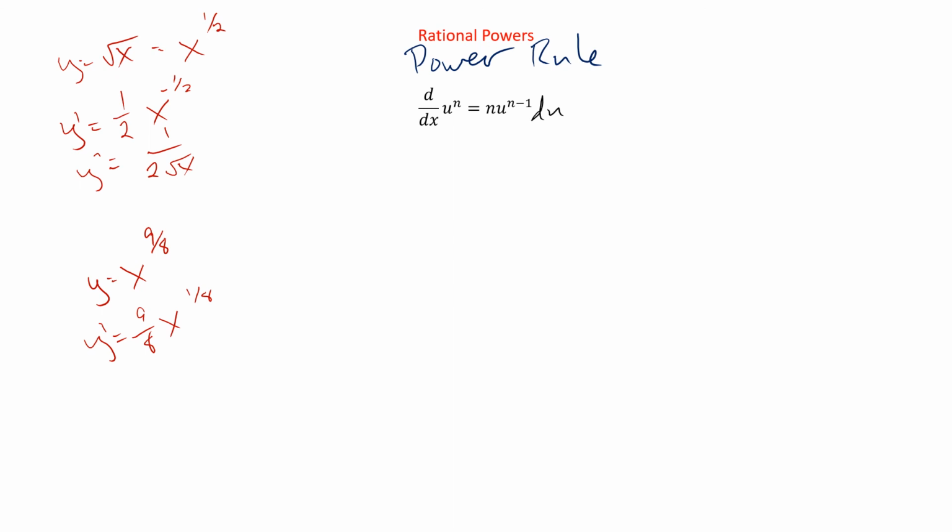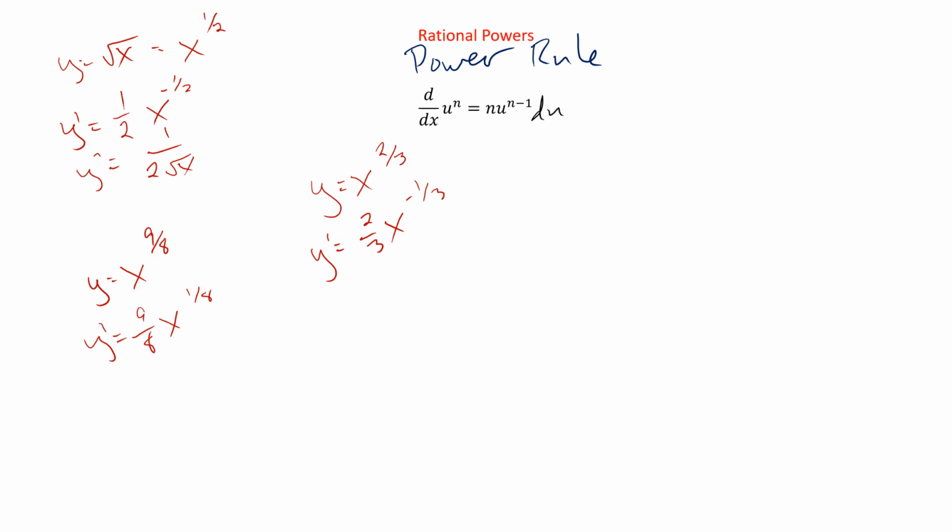So we get something like that. One of the ones that people struggle with a lot is y equals x to the 2/3. Because they'll say y prime equals 2/3 x, and they want to say to the 1/3 because of the whole subtracting 1. Well, when you subtract 1, you're subtracting 3/3. So that actually makes it x to the negative 1/3.